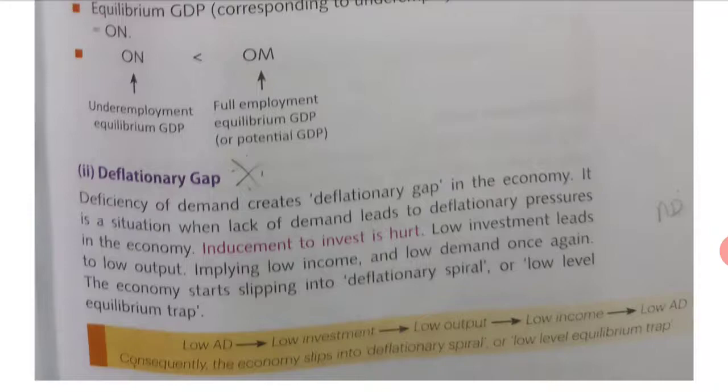The same diagram you should draw to denote the deflationary gap. Deficient demand creates a deflationary gap in the economy. It is a situation when lack of demand leads to deflationary pressures in the economy. The main problem because of the deflationary gap is the inducement to invest. Inducement to invest is hurt. What does inducement mean?